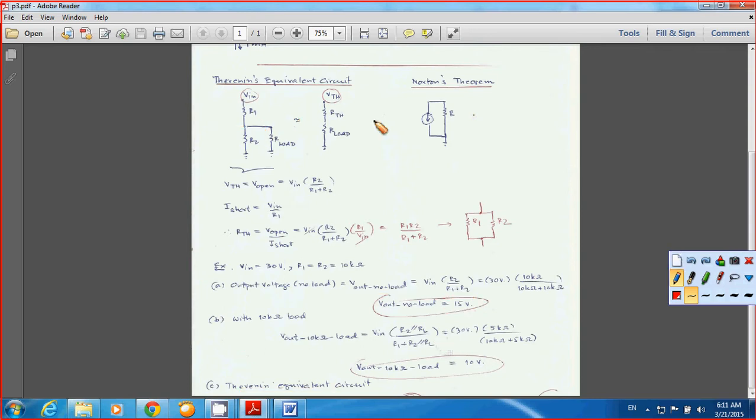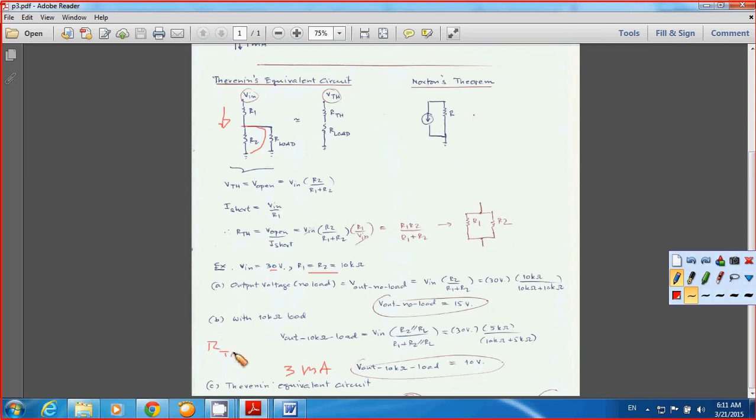And what about I short? I short means you have a piece of wire connected to the ground here. So your I short is just V in, 30 volts, divided by R1, 10k. 30 divided by 10k gives you 3 milliamps, right? So I becomes 3 milliamps. And you can find RTH.